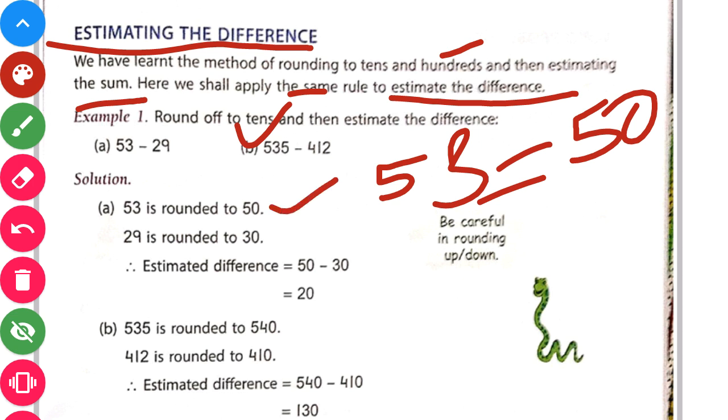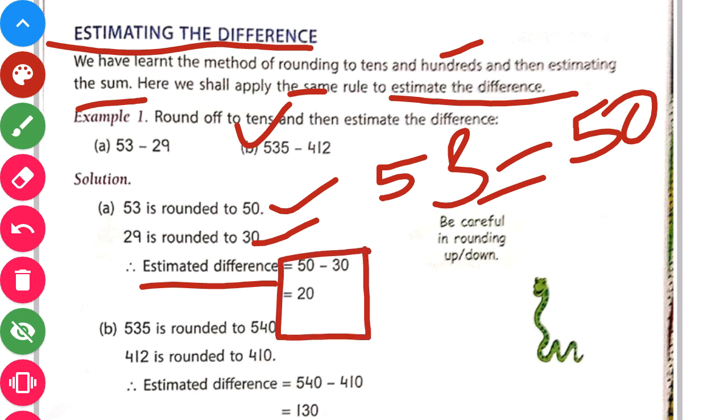Now, 29 is closer to what? 20 or 30? 30. Now, estimated difference equals 50 minus 30. 50 minus 30 we will get 20. Great.